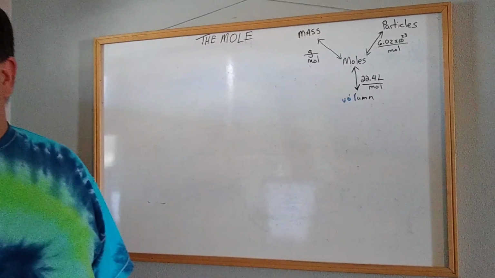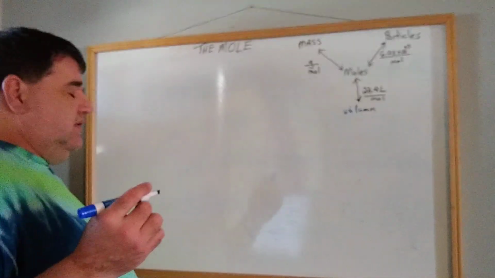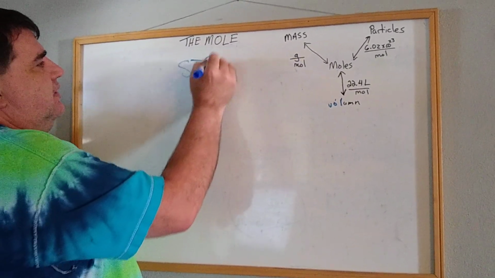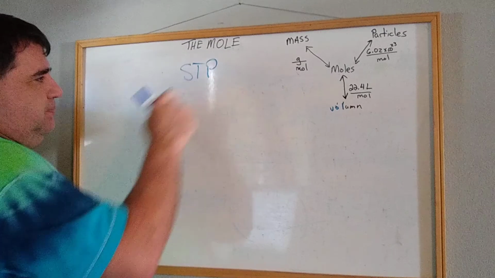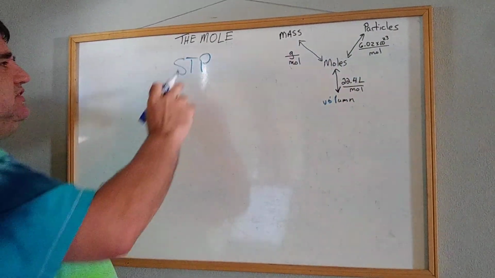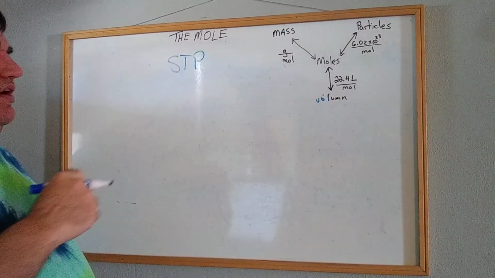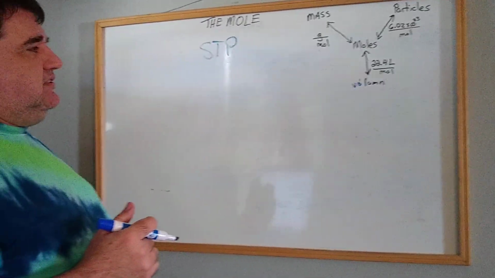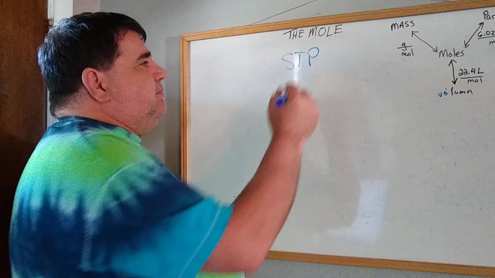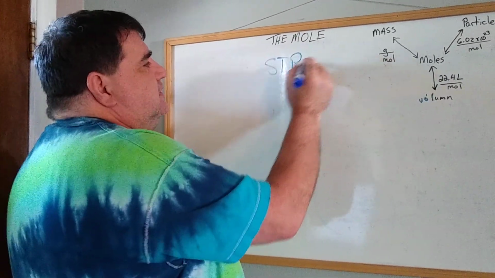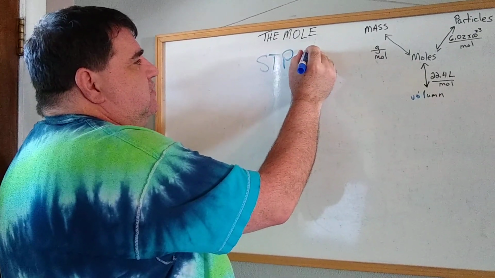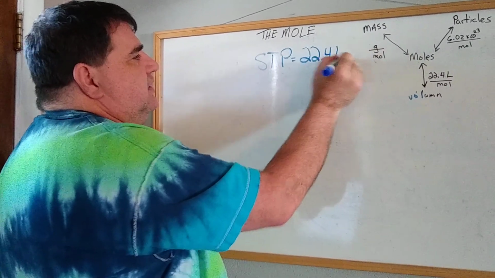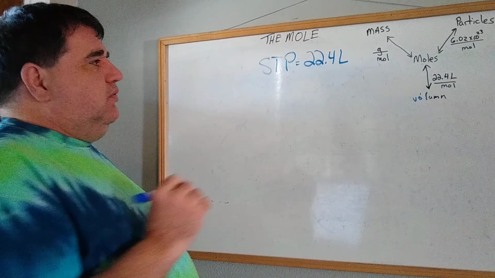Whenever we do volumes, we use something that's called STP, which stands for standard temperature and pressure, which is 0 degrees centigrade at 1 atmosphere. Now again, that's something that we're going to get into a little bit later, but for STP volumes, we need to remember that for 1 mole, it's always going to be 22.4 liters.